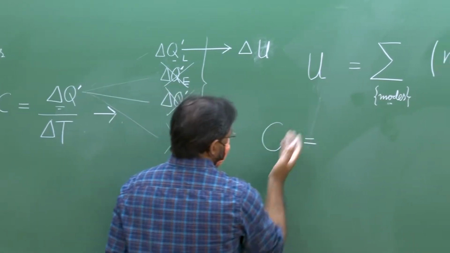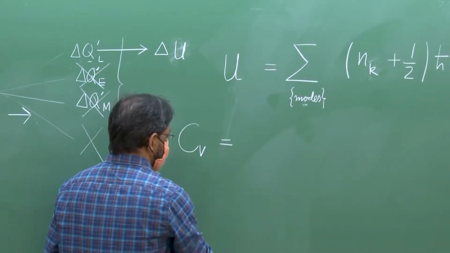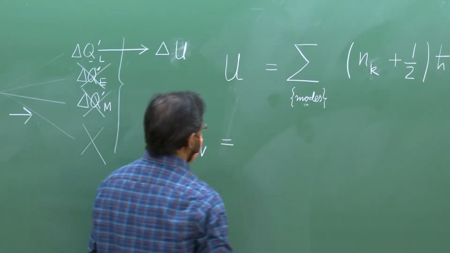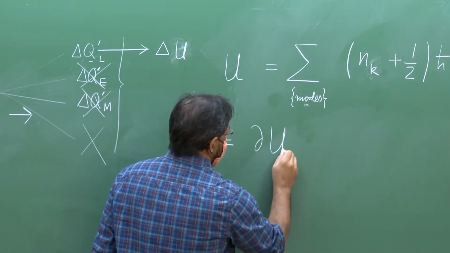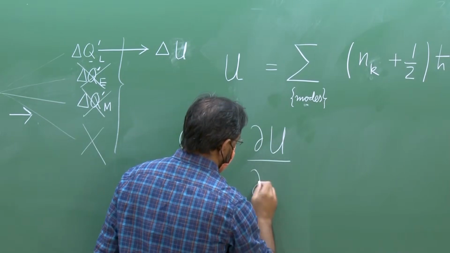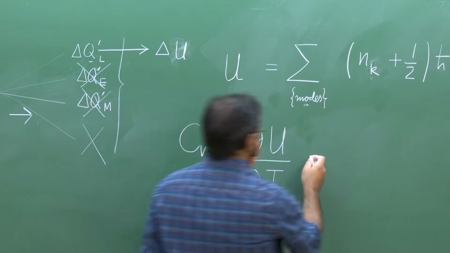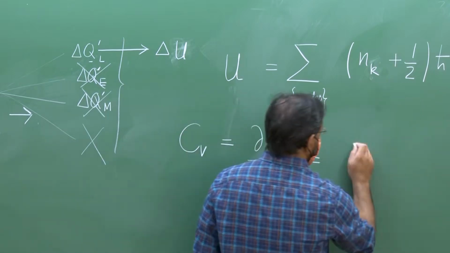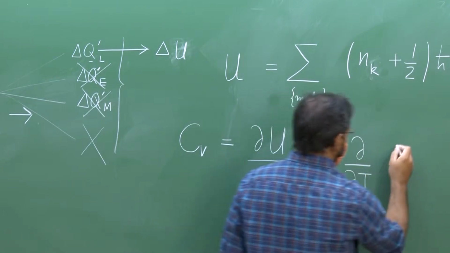You can just write C if you don't like this. In my notes it's V, so I'll just leave it here. I'm going to send them to you. So it is del U by del T. That is it. Now if you are smart enough to differentiate this, you have solved the problem.